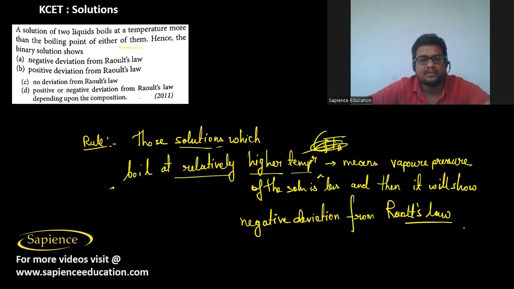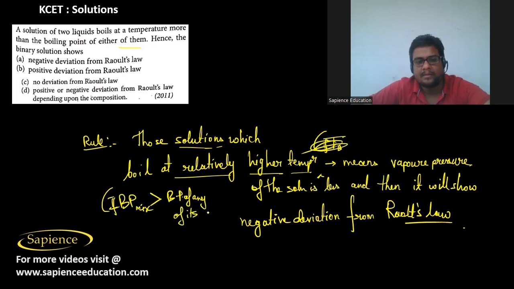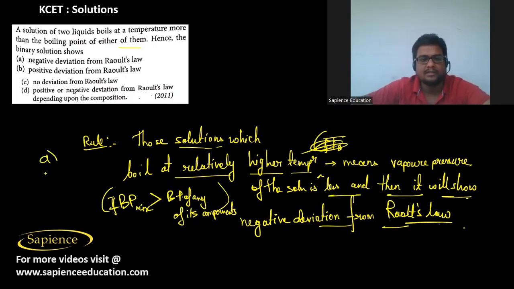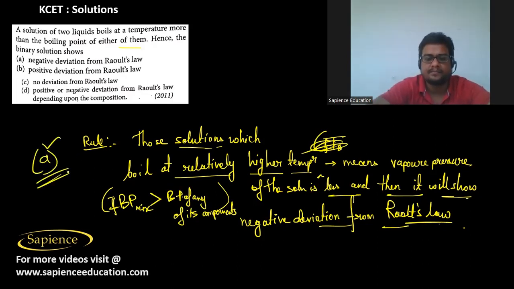It means that if the boiling point of the mixture is higher than the boiling point of any of its components, then only the solution will show negative deviation from Raoult's law. So option A is the correct answer.